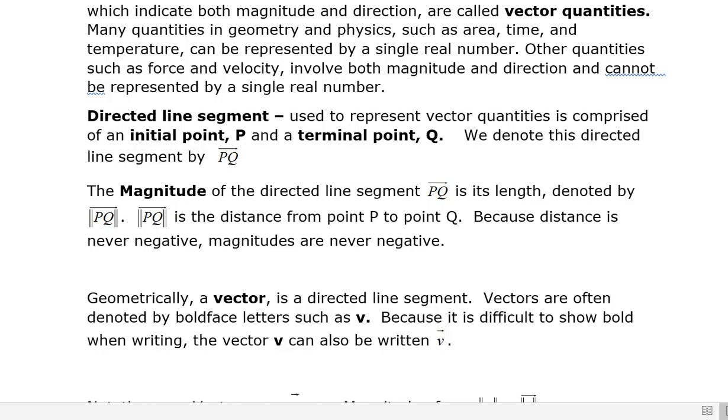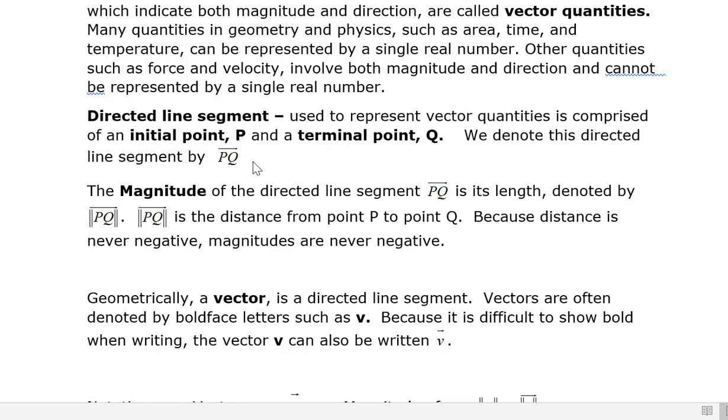So in a few minutes, we're going to be drawing some vectors, but right now, just a quick description. Really, to indicate a vector, you draw what's called a directed line segment. It'll have an initial point and a terminal point. The magnitude of a segment is going to indicate its length.